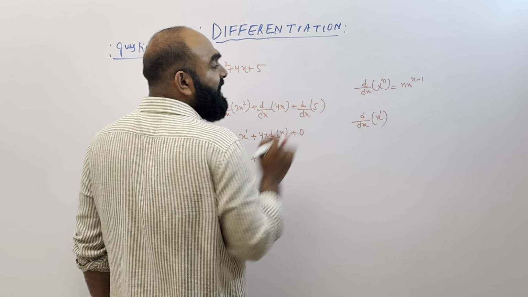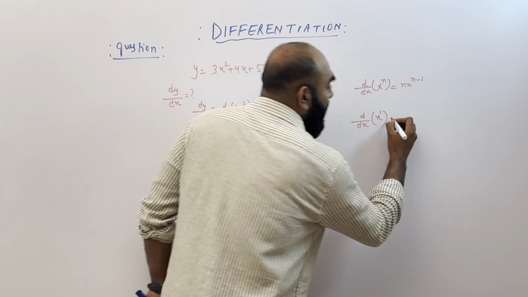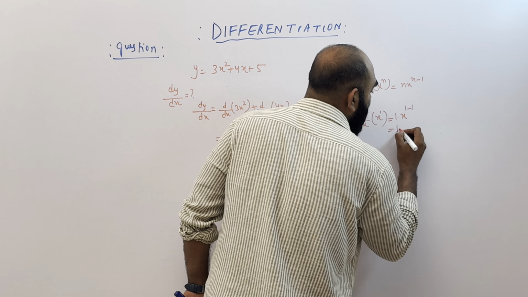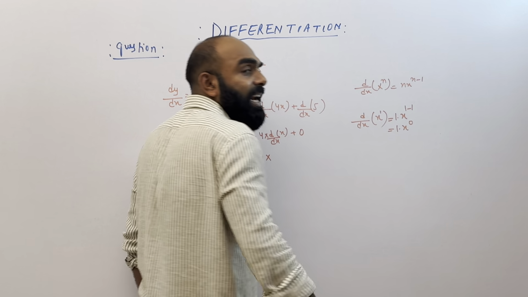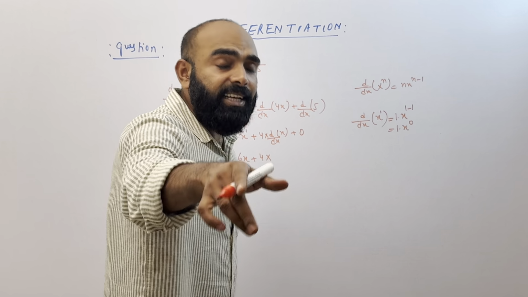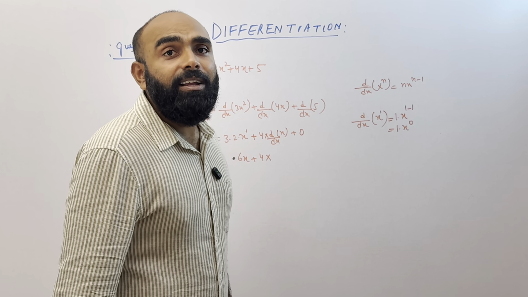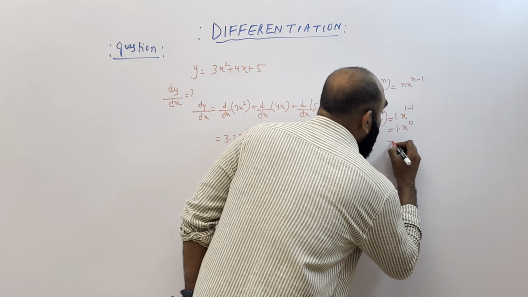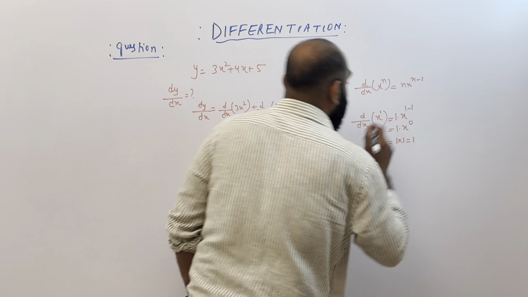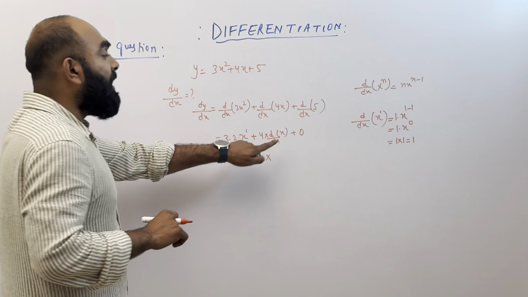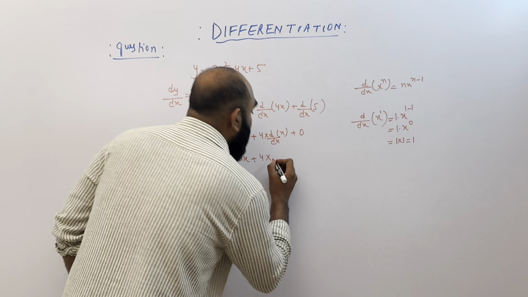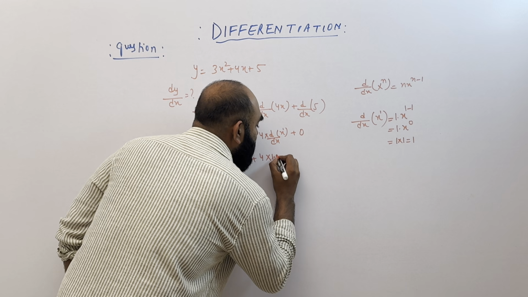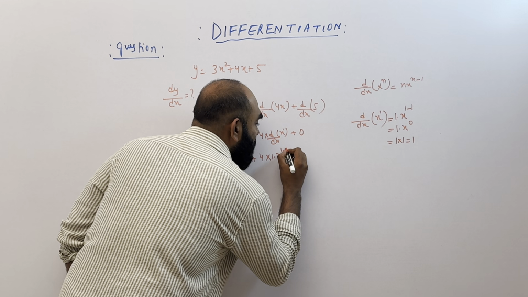Here n is 1. So 1 into x to the power n minus 1, that is 1 minus 1, so x to the power 0. And anything to the power 0 has the value 1. So 1 into 1, the answer will be 1. Means d by dx of x is 1.